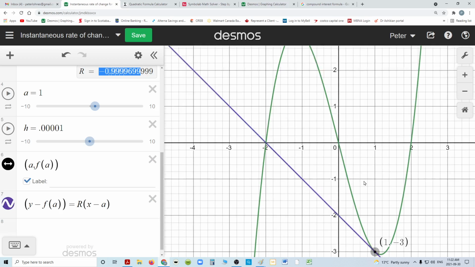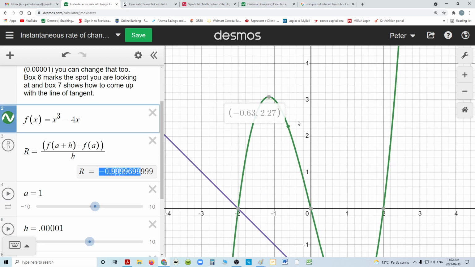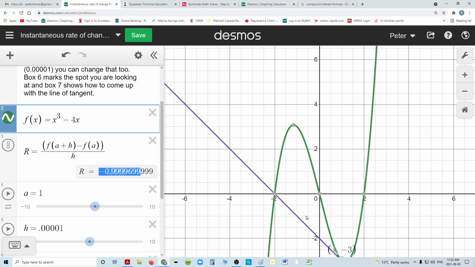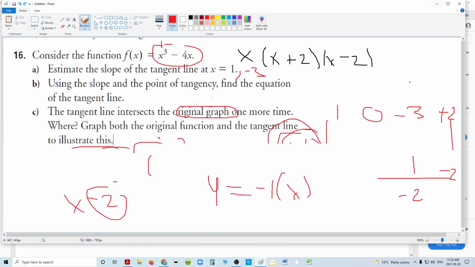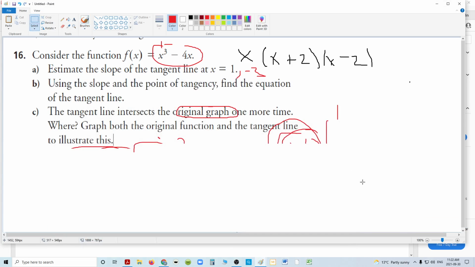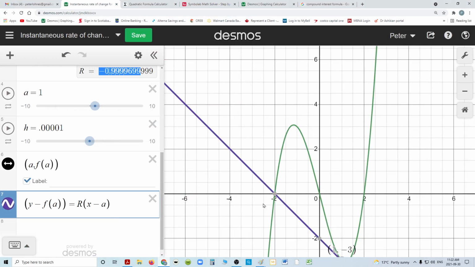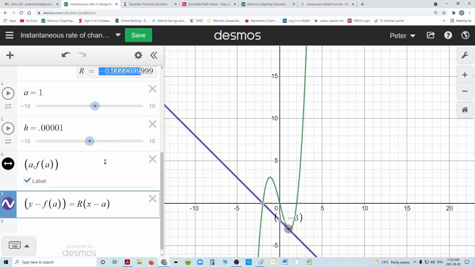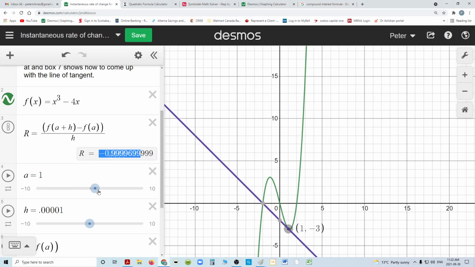Now, interesting enough, I can also figure out where else the other tangent line increases, because it'll have the same slope as that. But I believe another question does that. But, well, we might as well tackle it. Where else will I have a tangent line that has minus 2? It's when the rate of change on this graph, and actually we won't do it, because I think another question does it, but it's when the rate of change on this graph is also equal to minus 1.